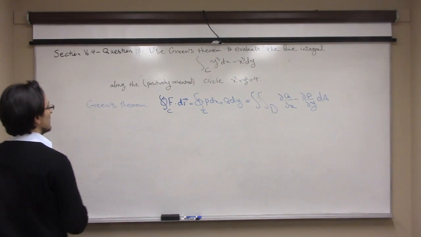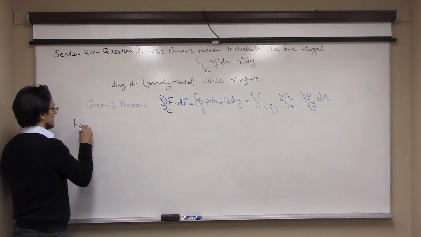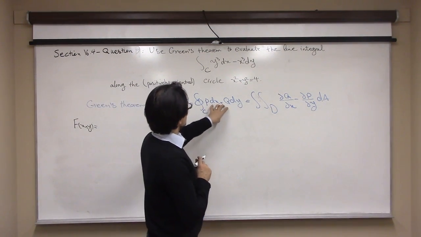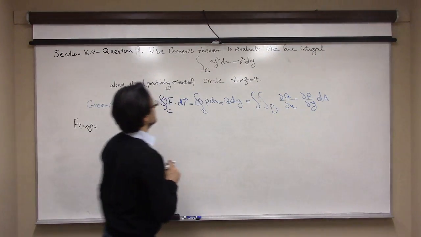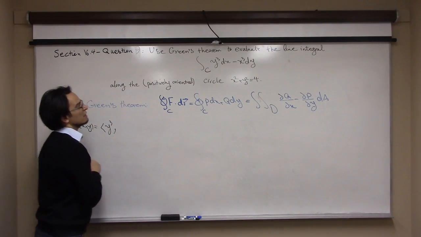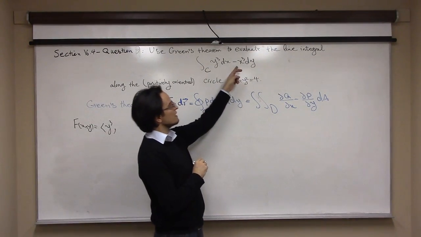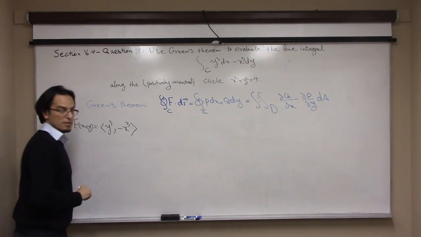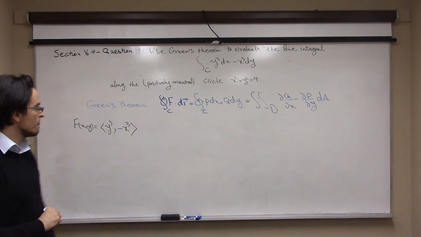In this case, my vector field is here. You can see that the coefficient of dx is the first component of the vector field, and the coefficient of dy is the second component. In this case, it is negative x to the power 3.